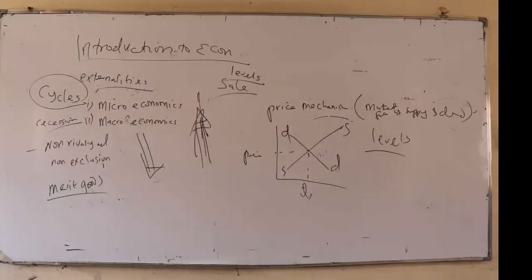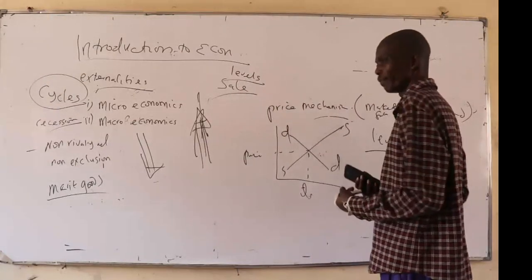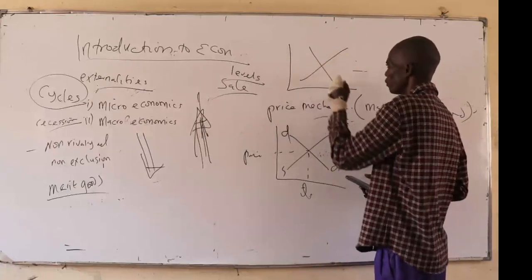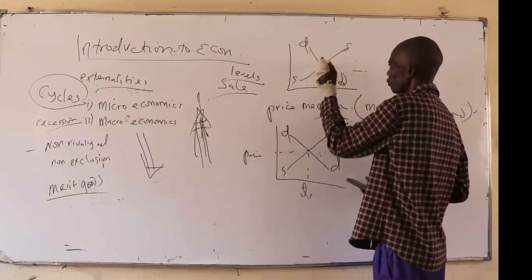So what are the prices that are being fixed by the government? Because the private sector has no role here, the prices will be fixed by the government. The wages of workers will be determined by the government. And you find that because there is no way in which demand and supply is going to be determined, whatever they are fixing will always be either above or below the equilibrium. This is the demand, this is the supply, so this is the equilibrium.